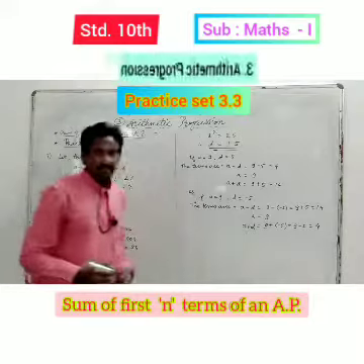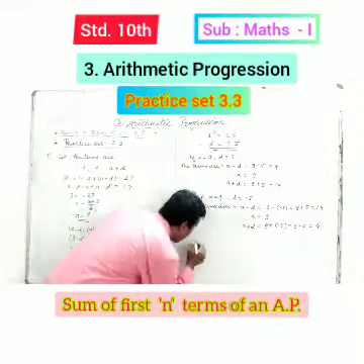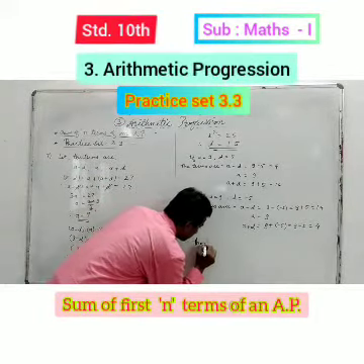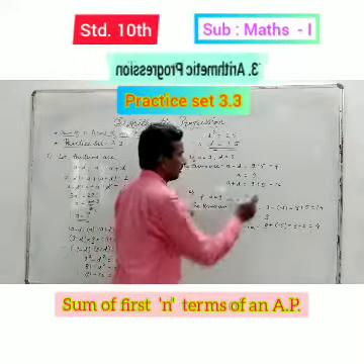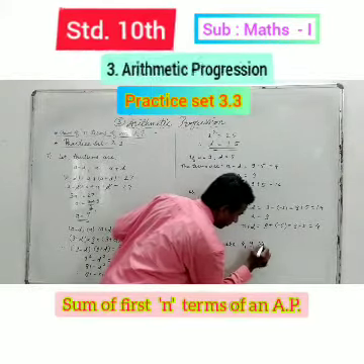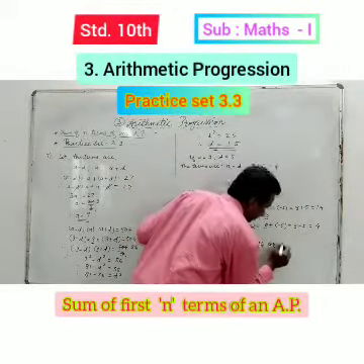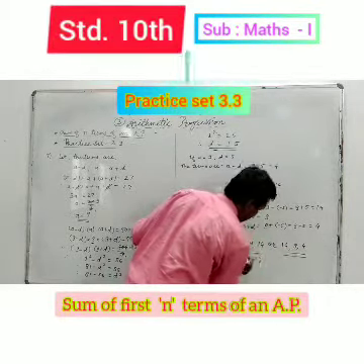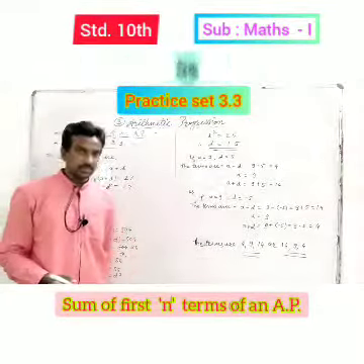Therefore, the three consecutive terms are 4, 9, 14 or 14, 9, 4. We have to write both the answers.